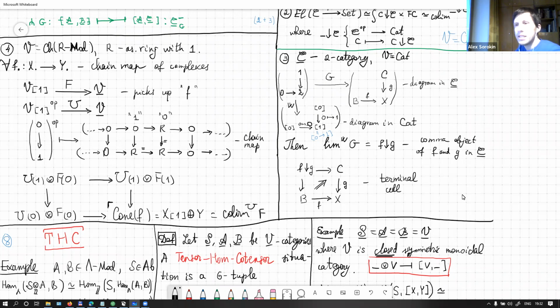Okay, so here is what I had for weighted limits and colimits. Are there any questions? Okay, I see that you are shaking your head. Yes, Sean, I see everything. You can ask me about some mathematical object that I haven't mentioned.